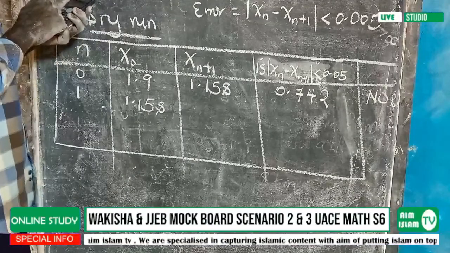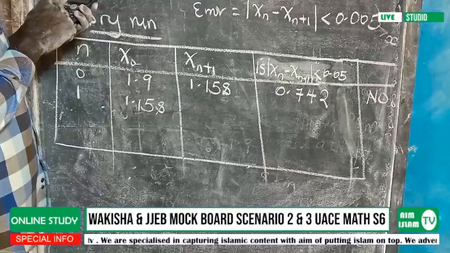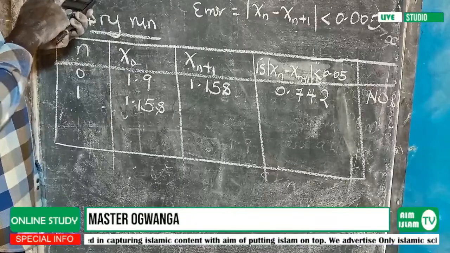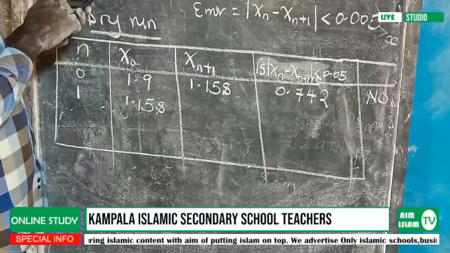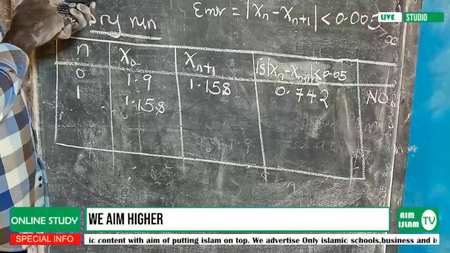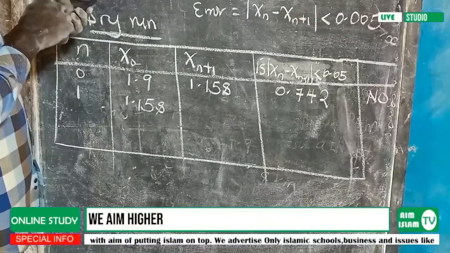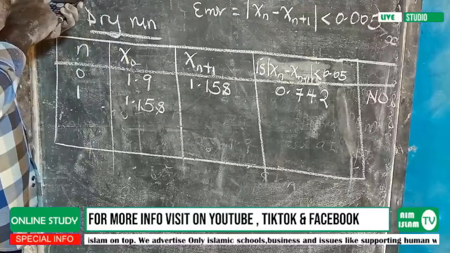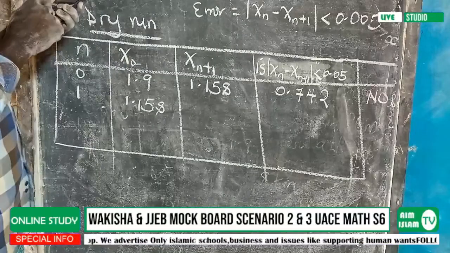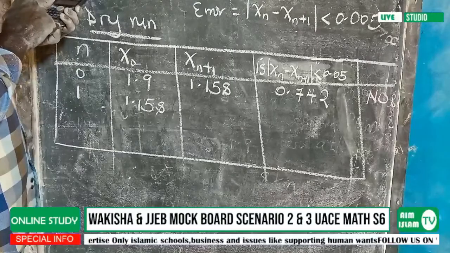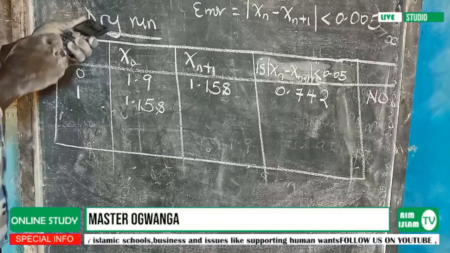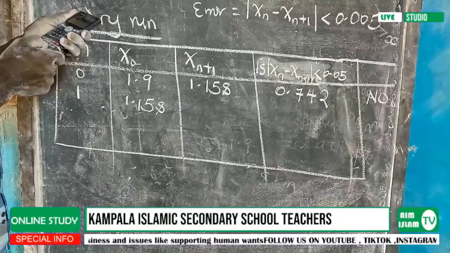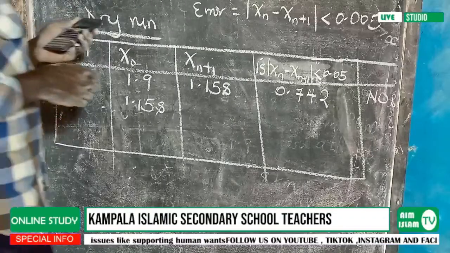I divide by negative exponential of 1.158 sine of 1.158 plus the exponential 1.158 cos of 1.158, close the bracket.